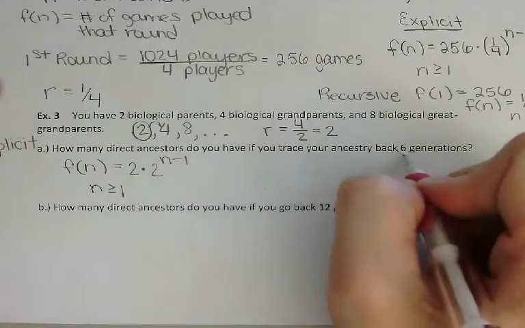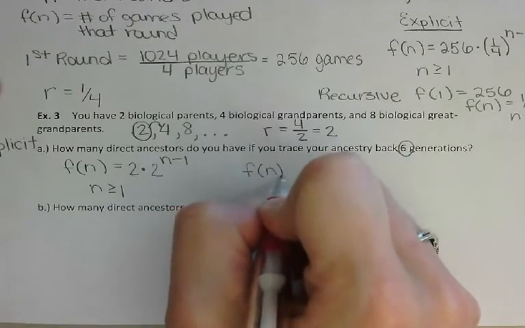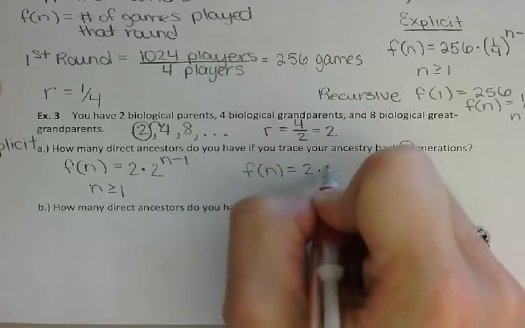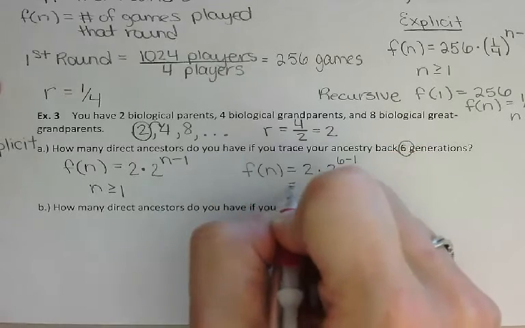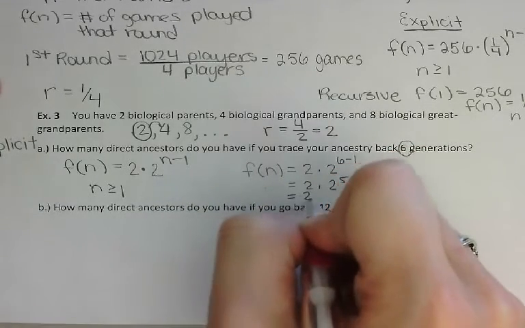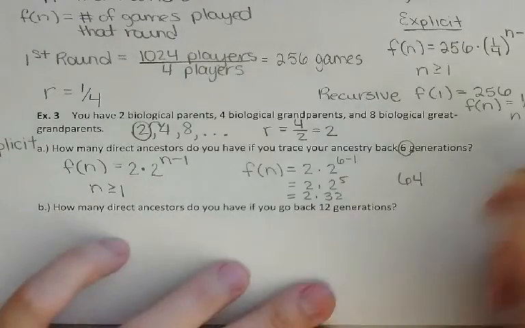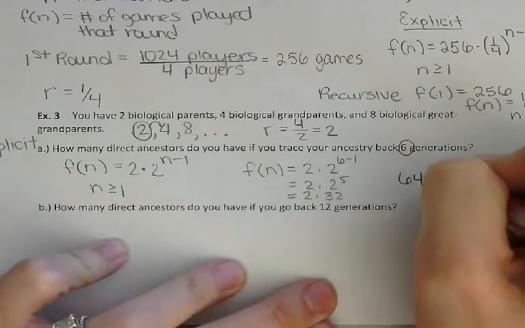So then it says let's talk about 6 generations back. So let's plug in a 6, which equals 2 times 2 to the 5th, which equals 2 times 32. So there are 64 ancestors.